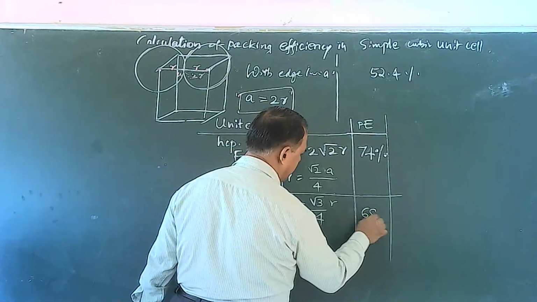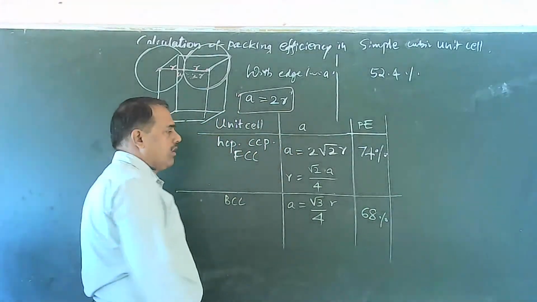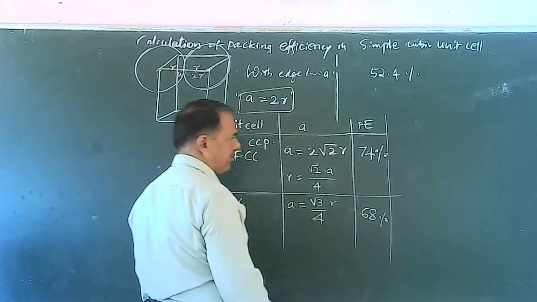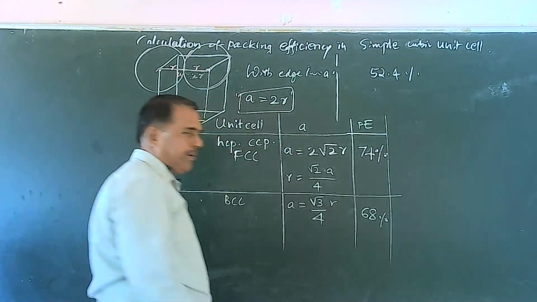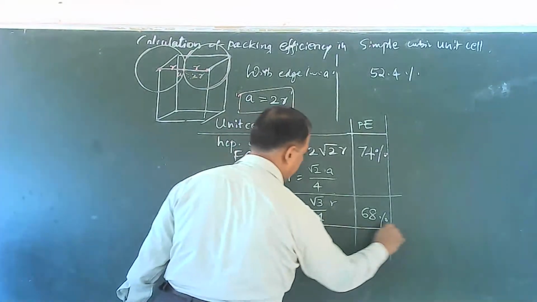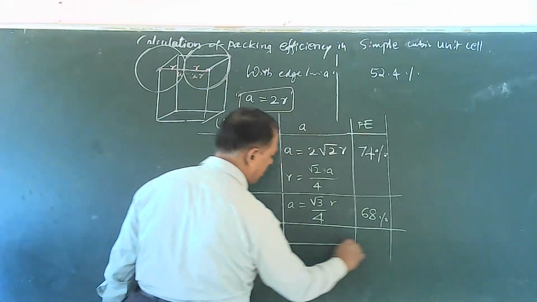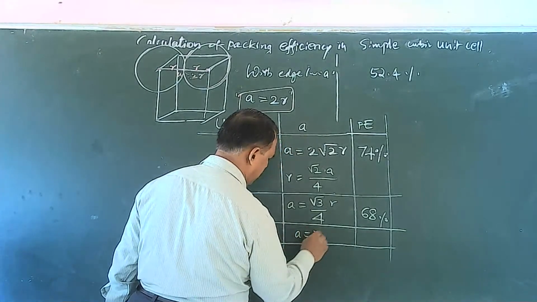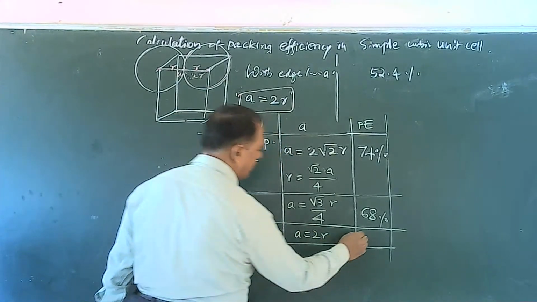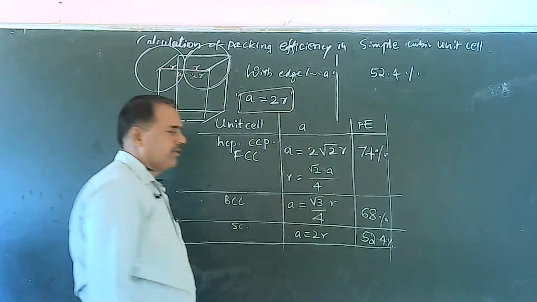And packing efficiency is nothing but 68%. The remaining space is 32%. Here the remaining space, empty space, is nothing but 26%. In simple cube, you got here A is equal to nothing but 2R and the percentage is 52.4%.